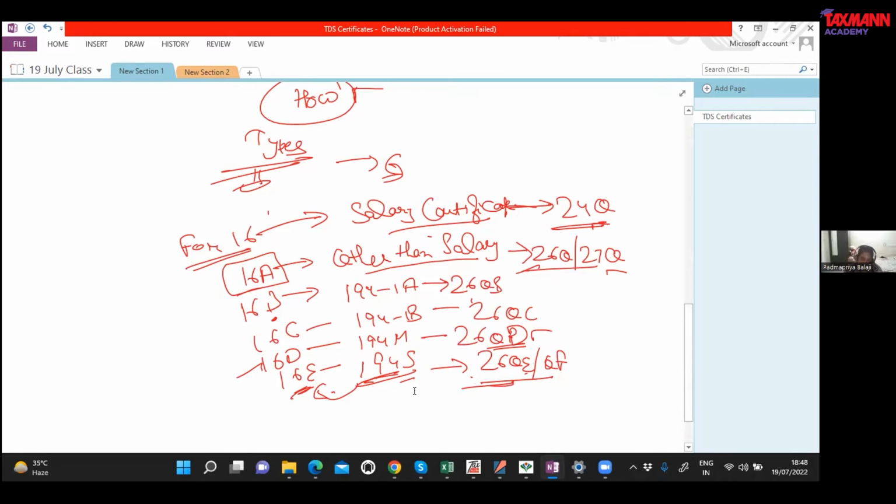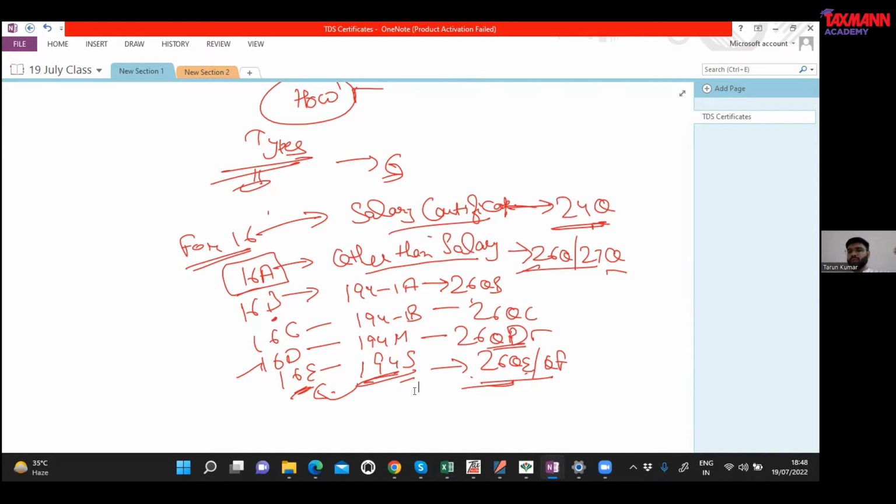So will this crypto form be submitted by the creator or sender? It is again an altogether separate topic. For that, you need to understand section 194S. Okay, sir. It is basically the buyer who has to deduct the TDS. The buyer of crypto, since he is making the payment to the seller. The concept of TDS is that the payer has to deduct the TDS and deposit it with the government.